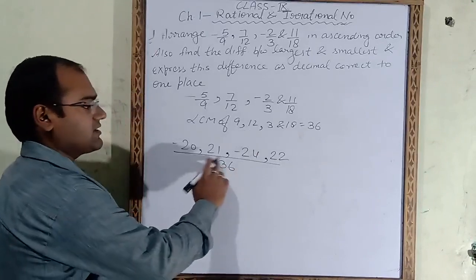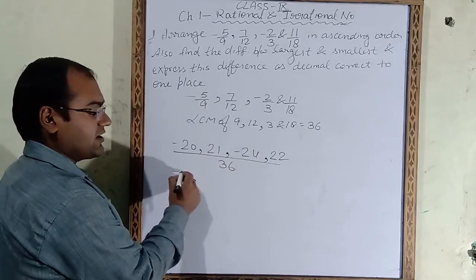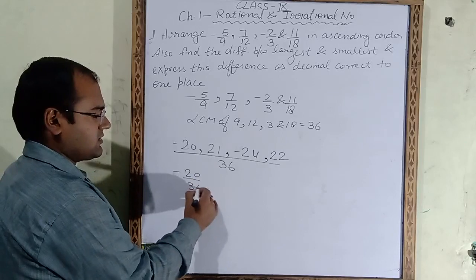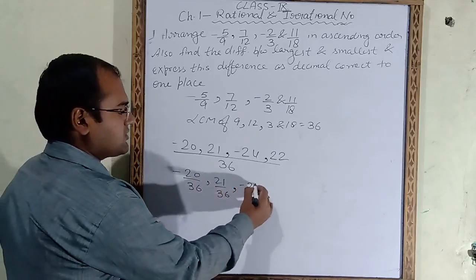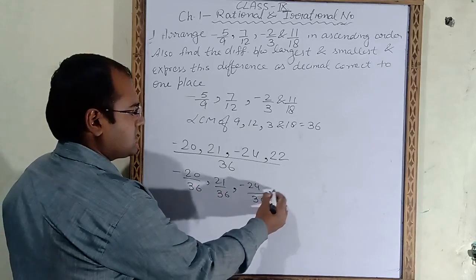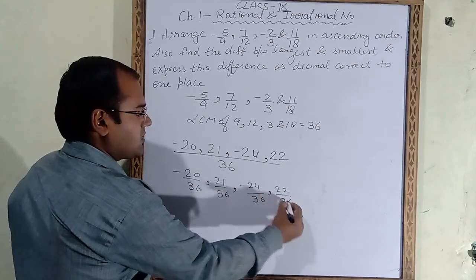Now we write the denominator separately under each number: minus 20 upon 36, 21 upon 36, minus 24 upon 36, 22 upon 36.